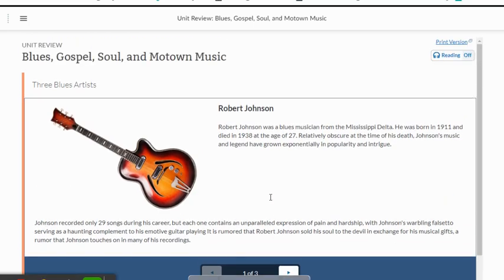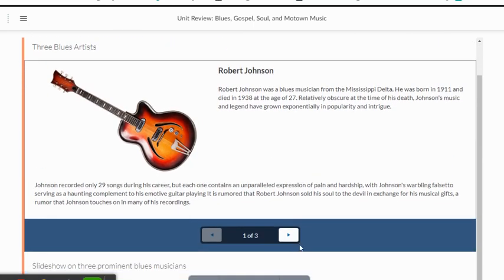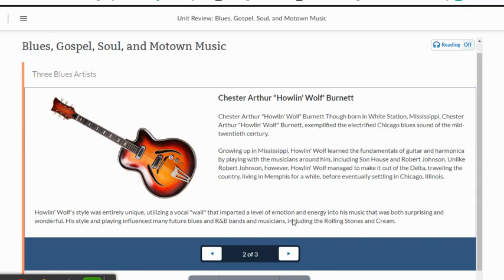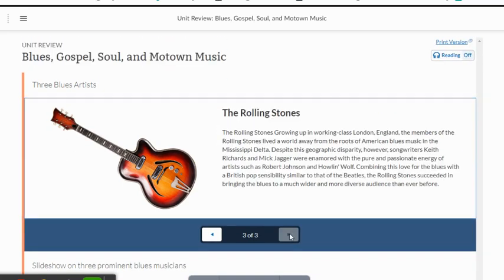So here we have some information about some of the blues artists. So make sure you're reviewing this because if it's in here, it's very likely on the test. Okay, the Rolling Stones is not specifically known as a blues band, but they were totally from a different place.